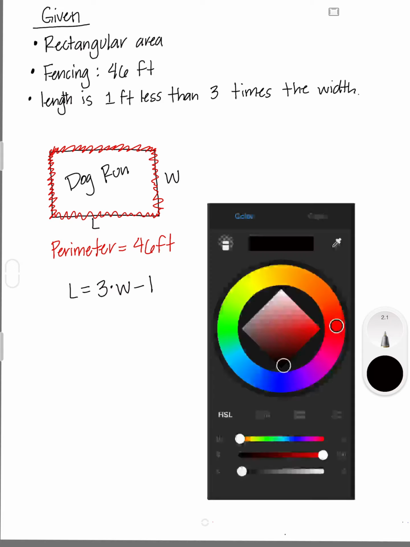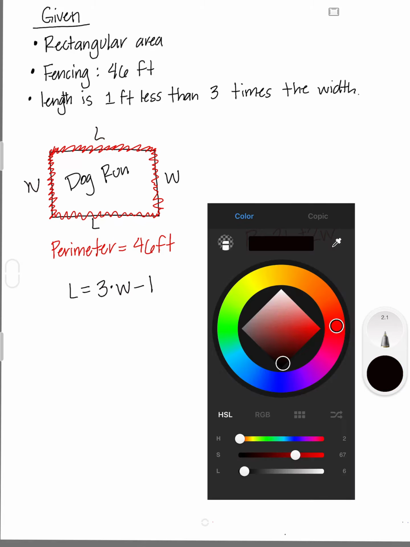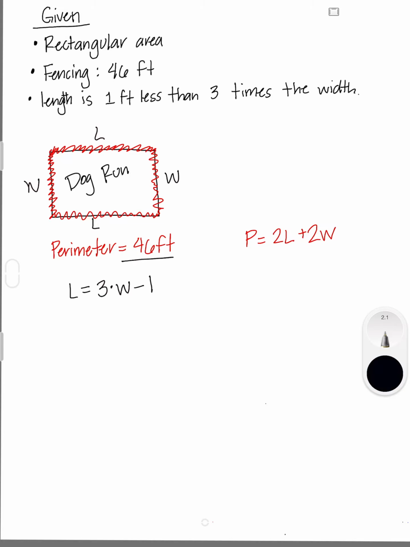If you remember from last week, the formula for the perimeter is P equals 2L plus 2W, because we have 2 lengths and 2 widths. What we're going to do now is replace the values that are given to us. The first value is the perimeter, which is 46 feet, and the length, which is 3 times W minus 1.